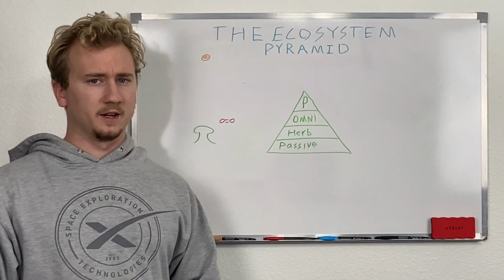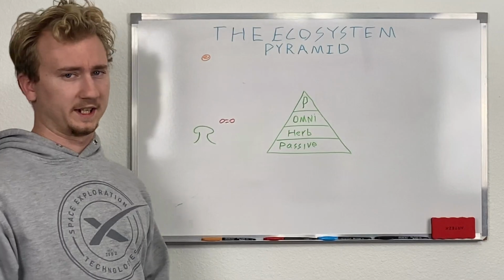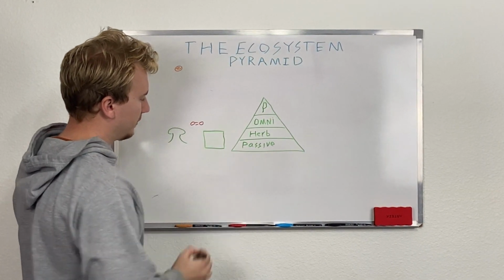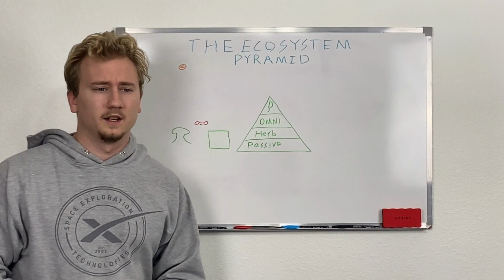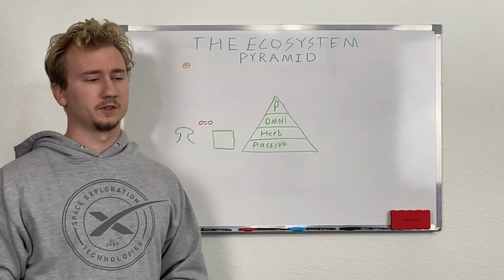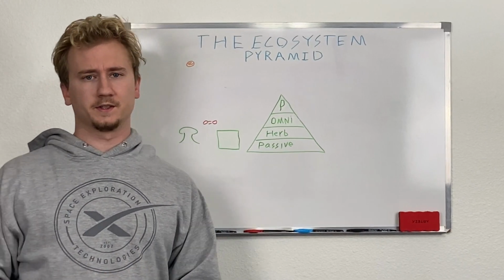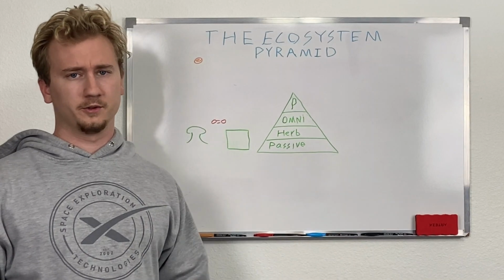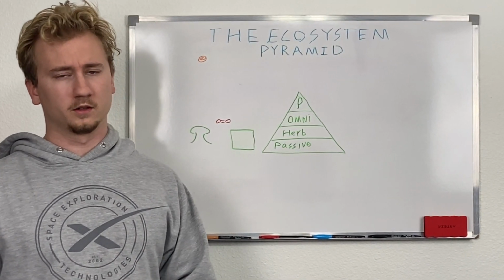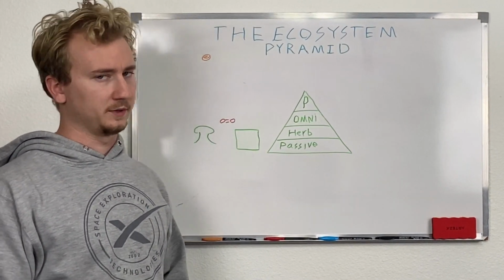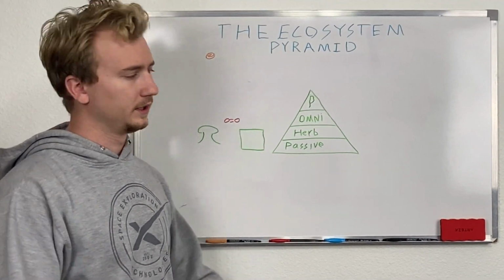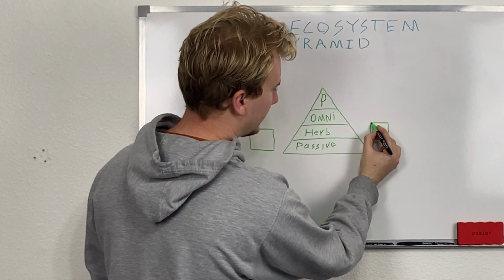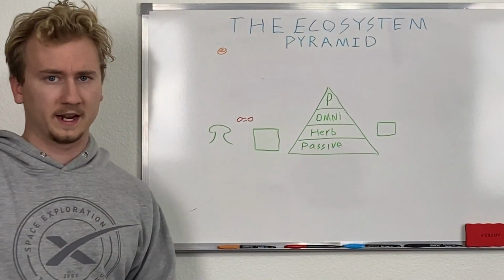In terms of biomass on a planet, the passives would comprise the largest portion of biomass. As far as actual numbers, if it's large biomass, like each individual is very large, such as large trees, their numbers would be lower, but their biomass would still be very large compared to the herbivores, which would be the next largest population size in terms of actual biomass.